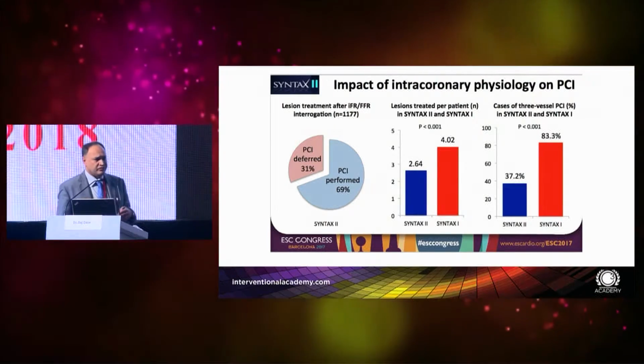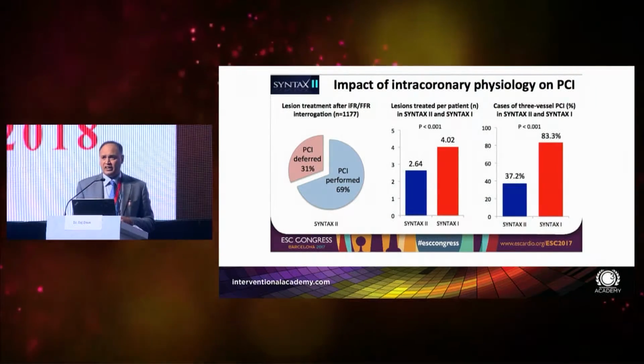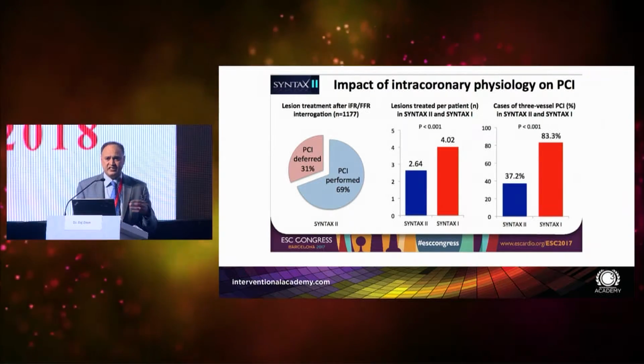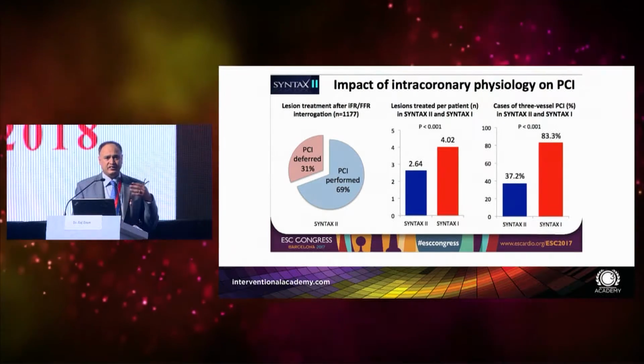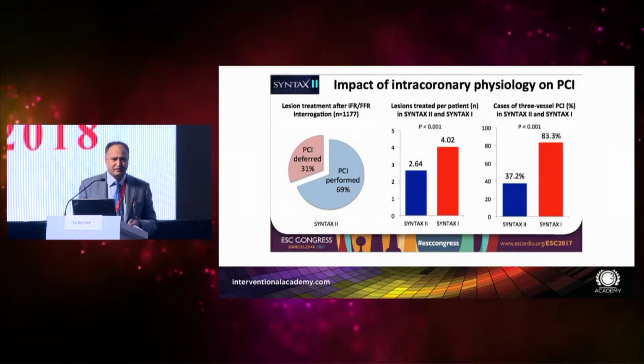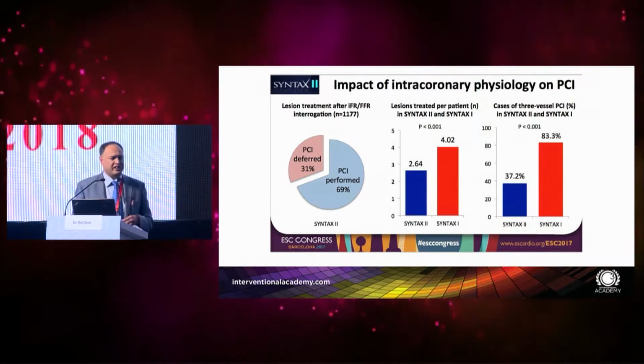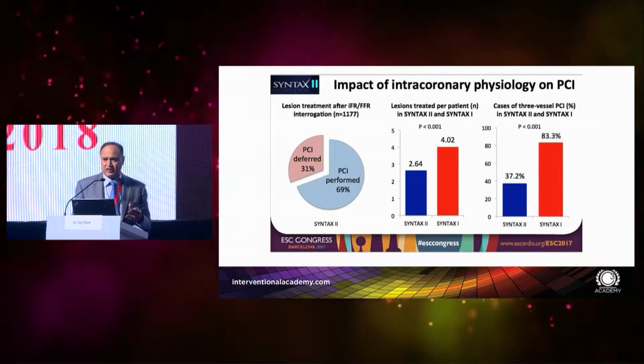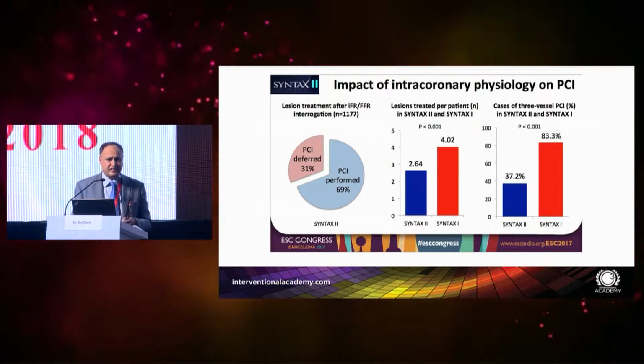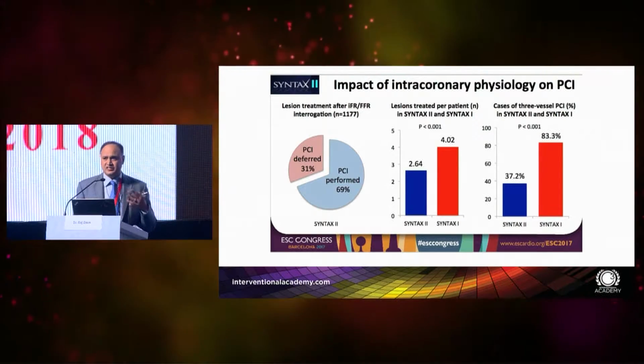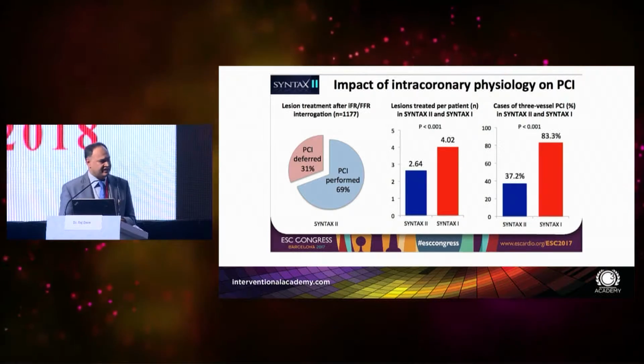SYNTAX 2 further defines the problem and guides our treatment strategy by using a full PCI optimization concept, where we identify with FFR information which patients should be treated, and then optimize the stent result using imaging techniques.